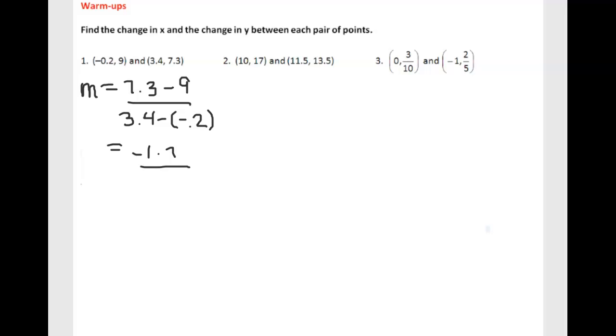So that's like a plus 0.2. So you get over 3.6. We can't have decimals in fractions. So you can move each decimal to the right one and you get negative 17 over 36.